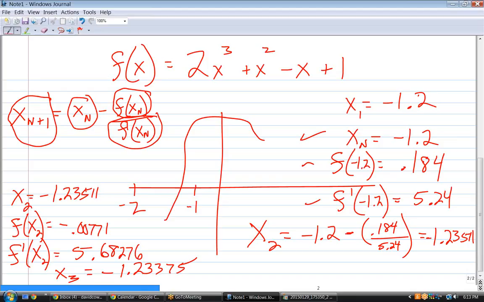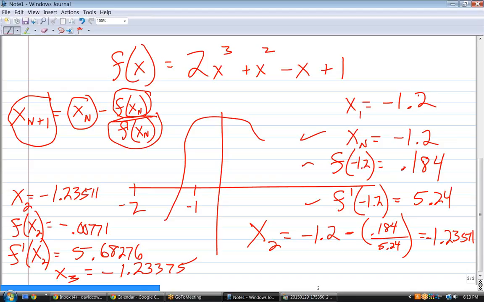And the reason this only took 2 iterations to get high accuracy is because it was a cubic. The other example was just a quadratic. It only took 2 iterations to get a very high degree of accuracy also.